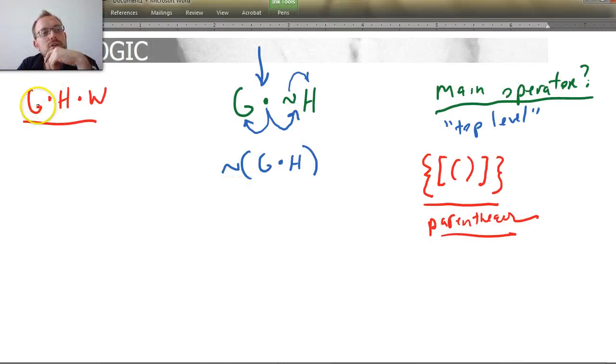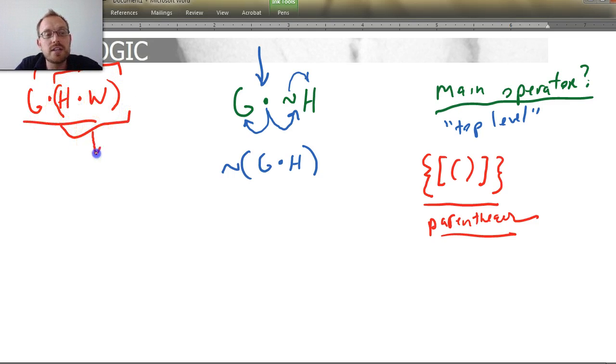Because here I don't know, am I saying G and H or am I saying H and W? And then of course, what's the relationship between G and W here? You can see it's sort of confusing here. So what's really critical is we use parentheses, right, to make sense of it, just in the same way you use parentheses in algebra, right? So this now tells me that the H and the W are what get combined, and that the G is actually being combined with the whole thing, right?